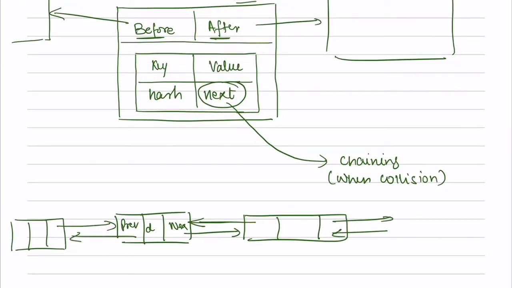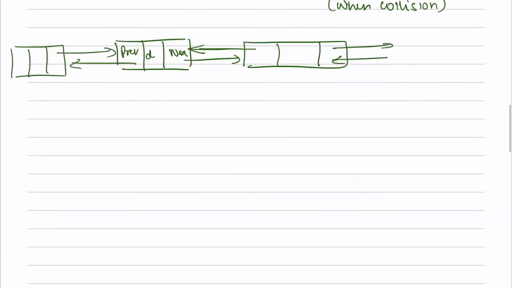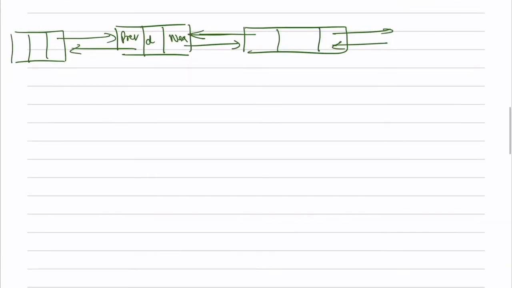And why is a doubly linked list being created? Because it has to maintain the insertion order, like which node is before which node and which node is after which node. So here instead of previous and next, there is before and after. So you can imagine the object even like this if you wish to.